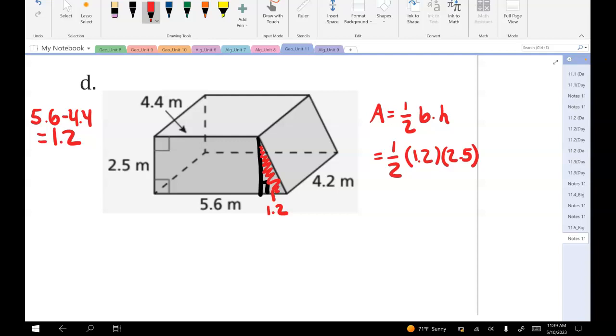It's not height. 1.2. Oh, I just typed it in wrong. All right, so it should be 3, and then divide by 2, so it'll be 1/2. Classic. So this is 1.5 centimeters squared as our area of our triangle.